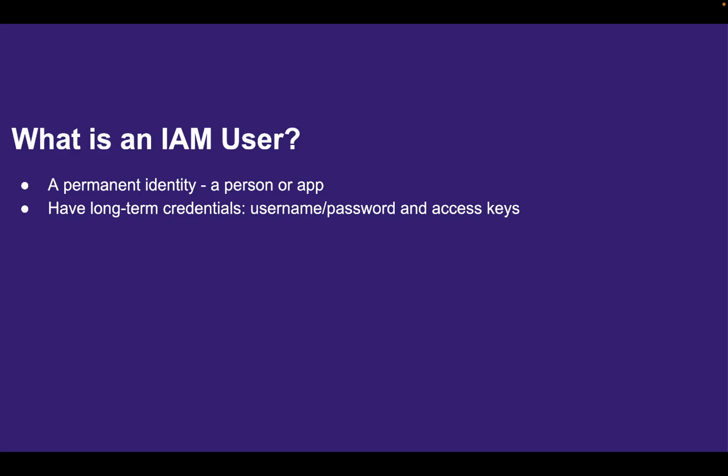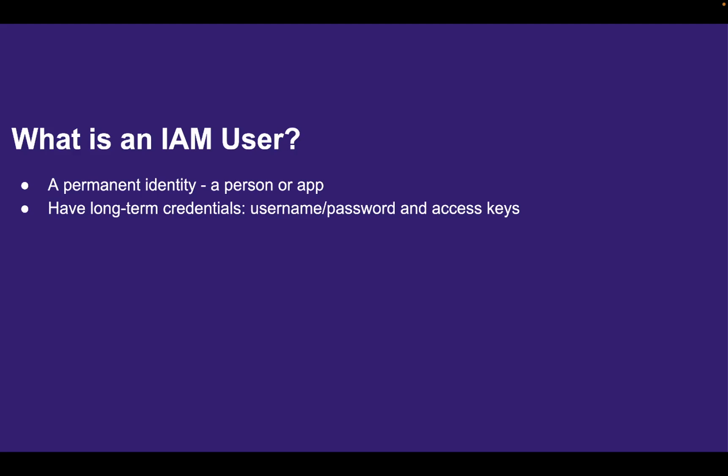Okay, and therefore once you log in, you have the permissions attached to this user. So think about an AWS user as a permanent employee within your company. You have a permanent badge that you can use to walk into your office and log in successfully, no problem.